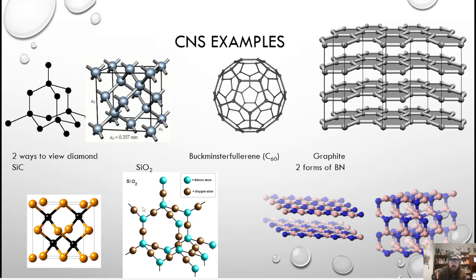Essentially that forms a zinc sulfide blende. The difference is that silicon dioxide kind of looks like the diamond, except that it has oxygens between each of these silicon atoms. And we have two different forms of boron nitride. Boron nitride can adopt a graphite-like shape and this strange little shape. So there are some unique structures here, but we see some repeating patterns.